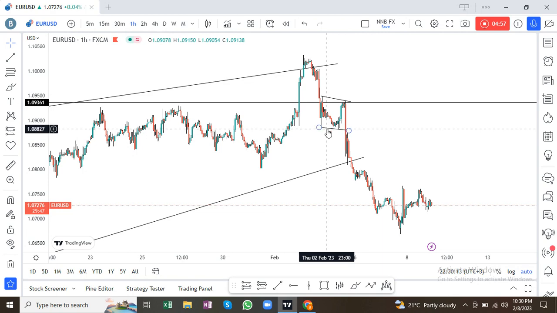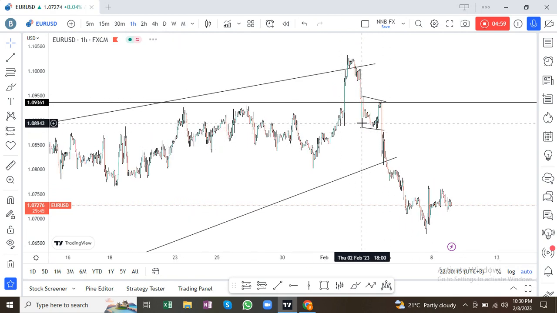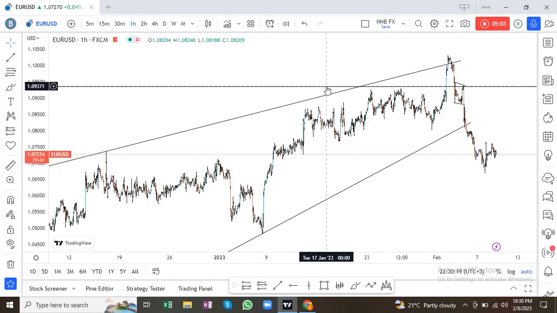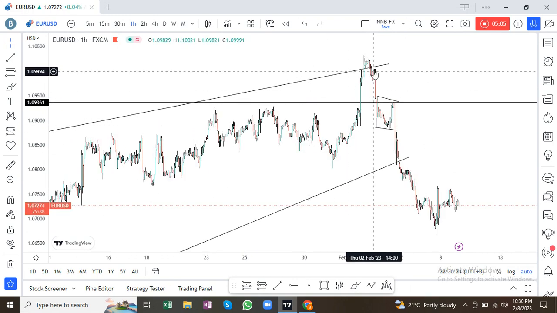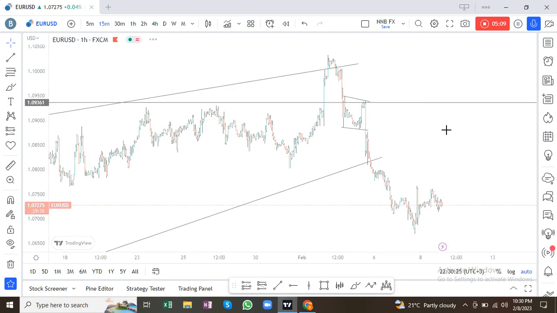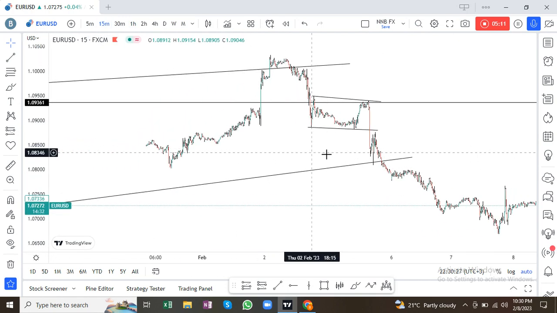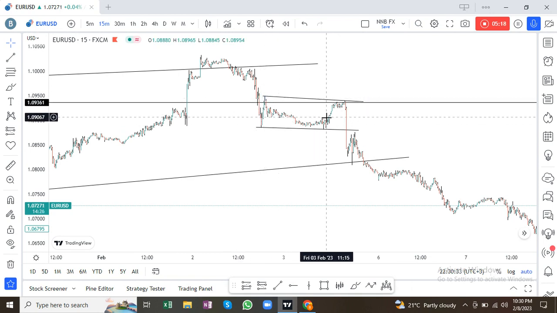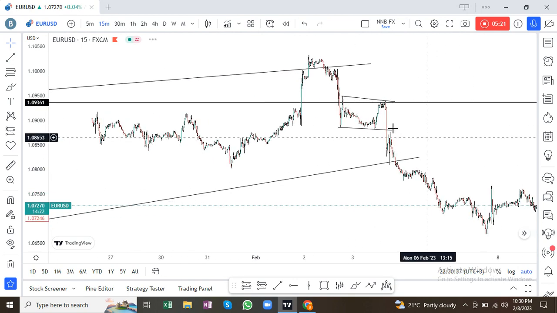It happened last week. As you can see on this pair, it was moving to this double top here correctively. I didn't manage to enter this trade because it wasn't convincing enough for me. But if we go down to the 15 minutes, you can see that it corrected a little and then moved down correctively, and then it moved back up to that trend line, touched it, and impulsed down.